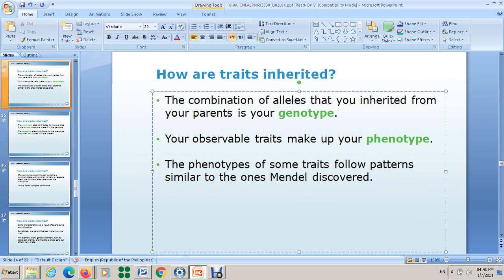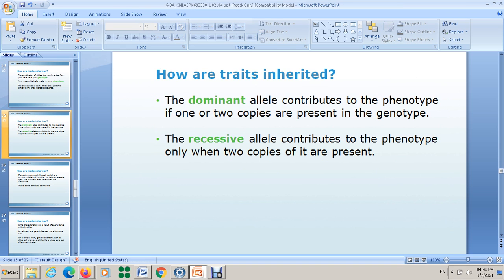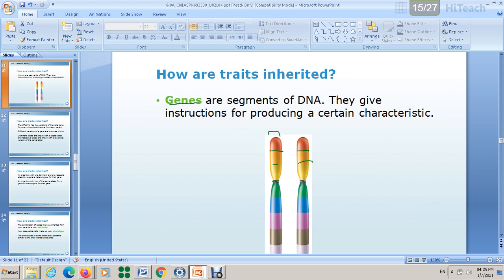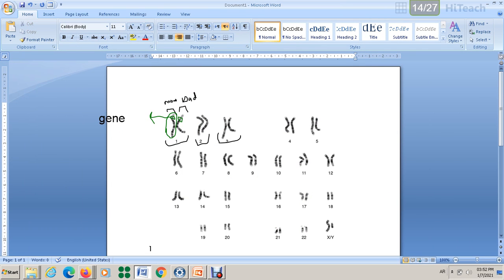So the phenotypes of some traits follow patterns similar to ones Mendel discovered. What does that mean? Actually, the dominant allele contributes to the phenotype if one or two copies, as we mentioned in the previous video, are present in the genotype.